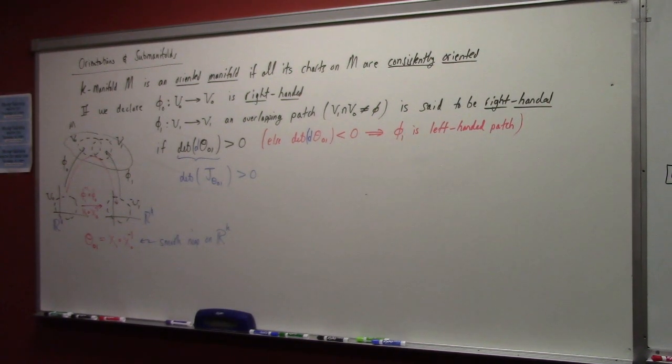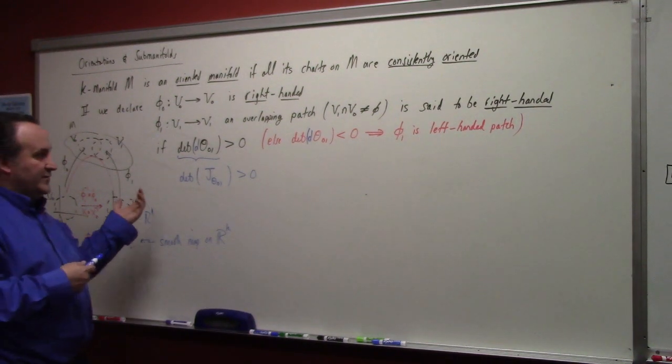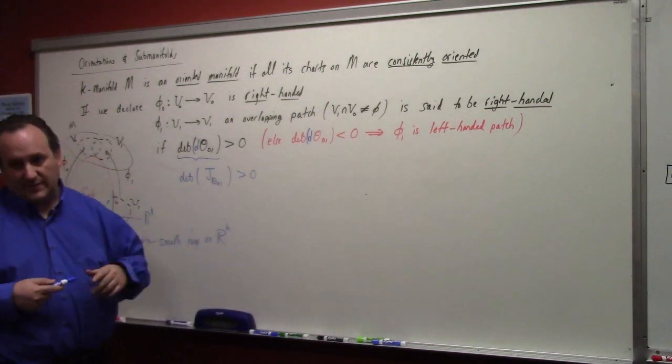But aren't we saying if we declare phi0 to be right-handed, then phi1 is right-handed? But when we declare phi0 to be right-handed, what do we mean? We're declaring that to be a positively oriented chart. So any other chart that has the same orientation as it must have the Jacobian matrix with positive determinant for it also to be right-handed.